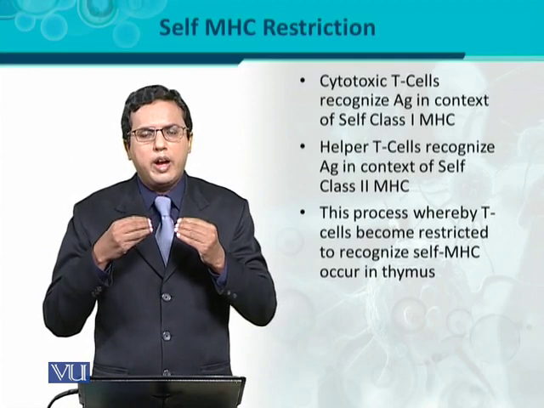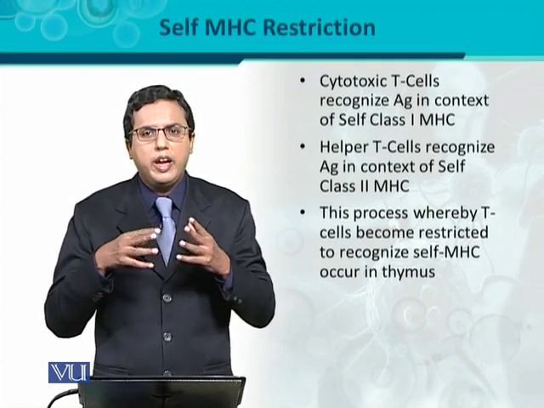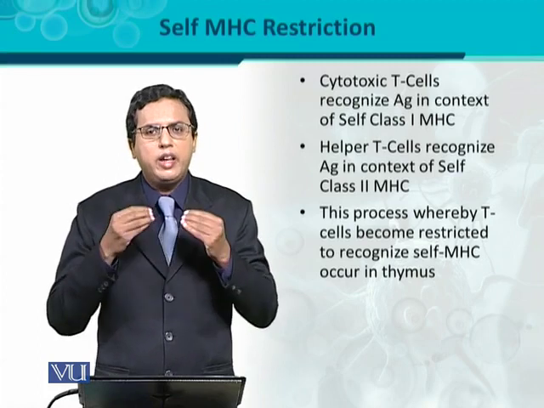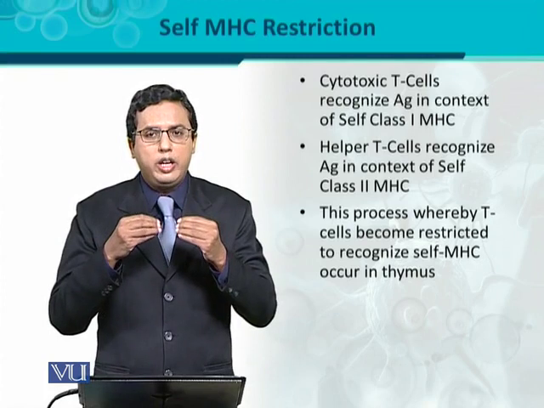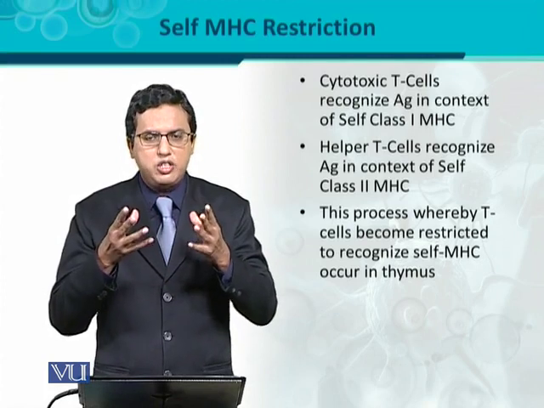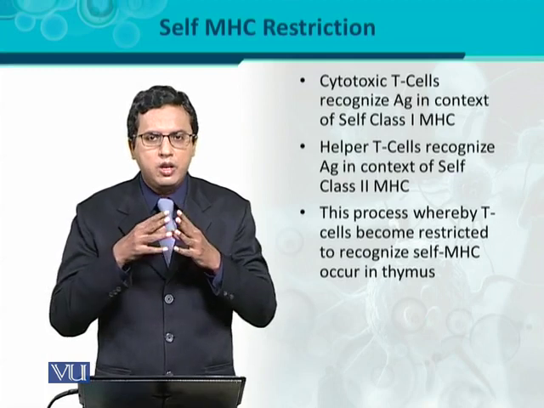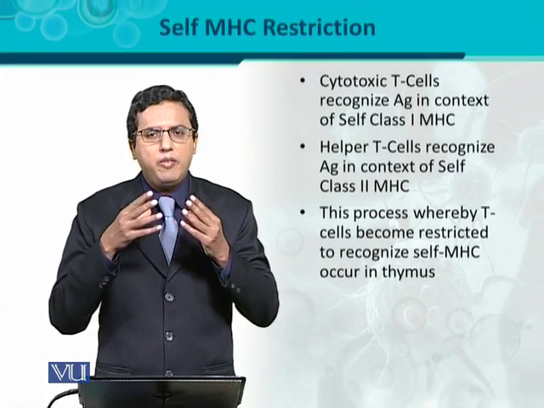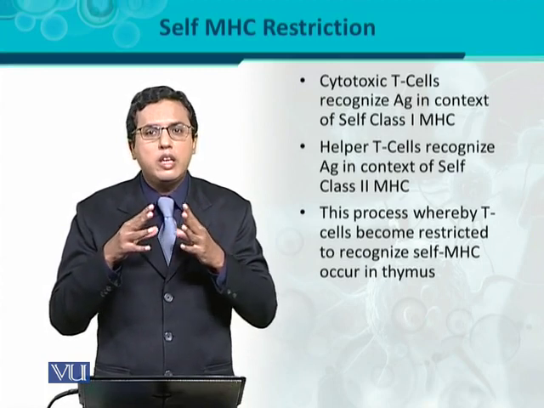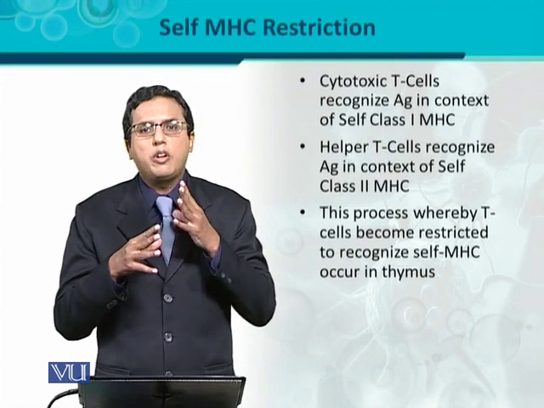When T lymphocytes mature and differentiate there, they get the information that they have to recognize only those antigens which are bound with self-MHC. If those antigens are not bound with self-MHC, T cells are not going to recognize them. So this is another important check.